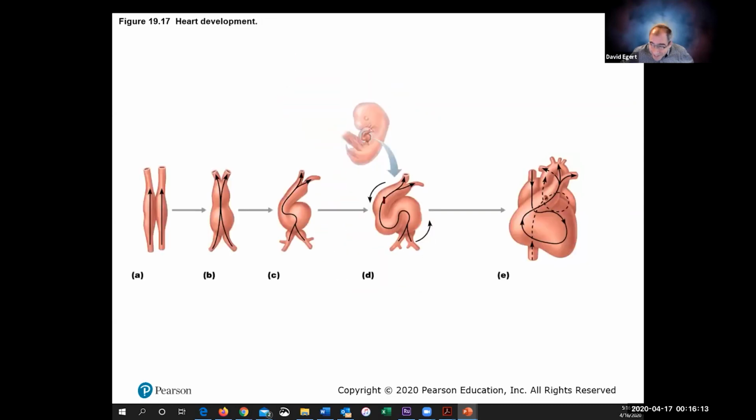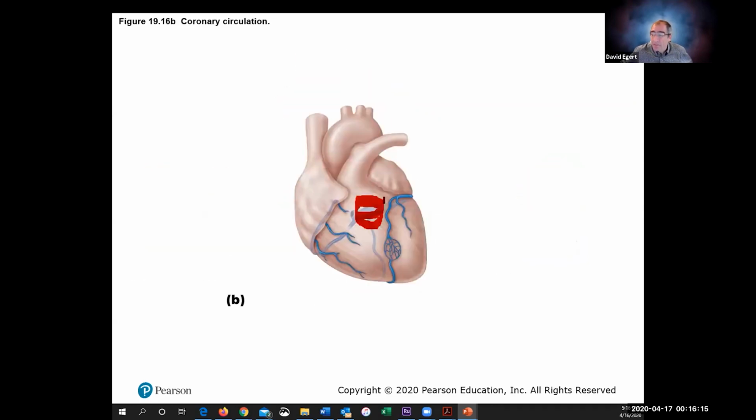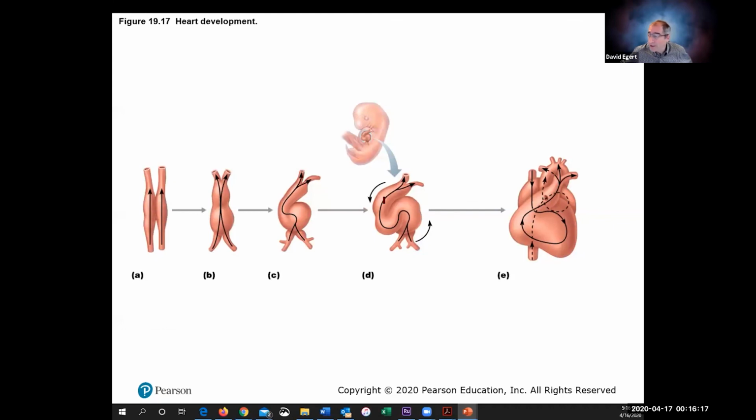This is trippy. You're not responsible for this at all, but this is just showing the development of the heart, because the heart has this really crazy thing where it starts beating within weeks. As soon as you become a ball of cells that's too big for diffusion to keep everything okay, you need to have some crude circulatory system.